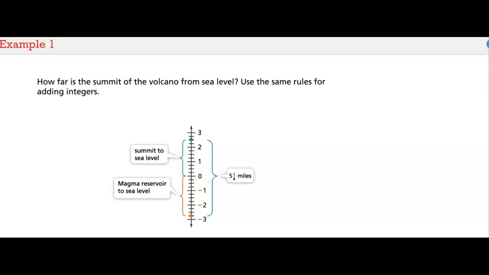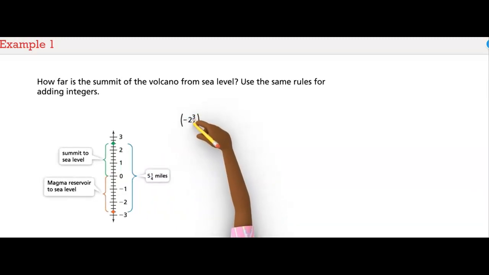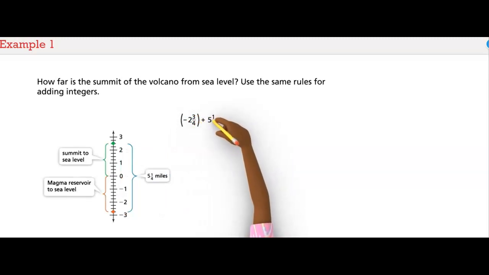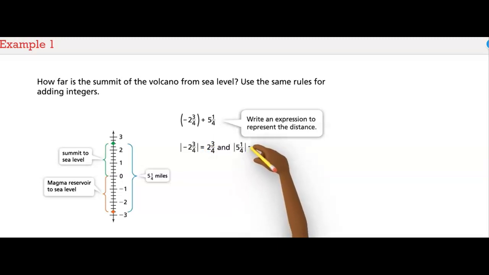Begin by writing an expression to represent the distance, -2 3/4 plus 5 1/4. The absolute value of -2 3/4 is equal to 2 3/4, and the absolute value of 5 1/4 is equal to 5 1/4.